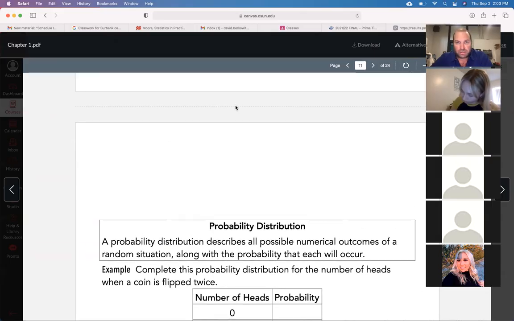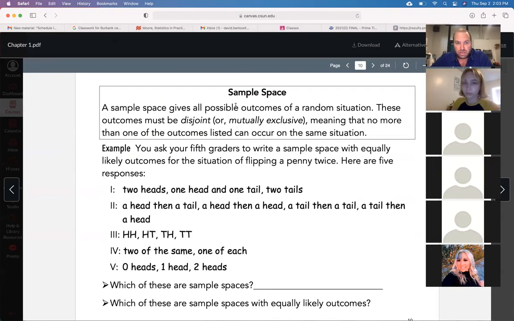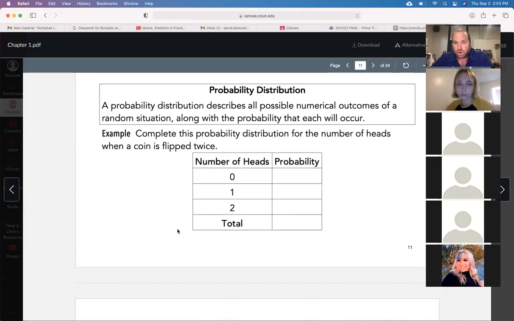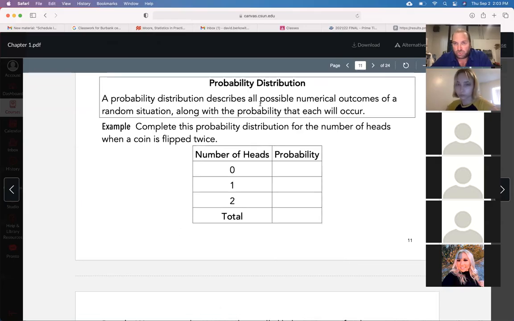So if we go back to the previous slide, we see that these H's and these T's as outcomes don't work. You can't use H's and T's for this type of problem. So what do I do if I want numerical outcomes of a random situation? I have to readjust what my question is.